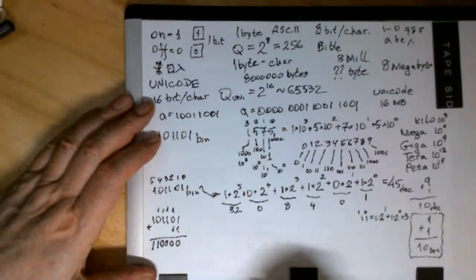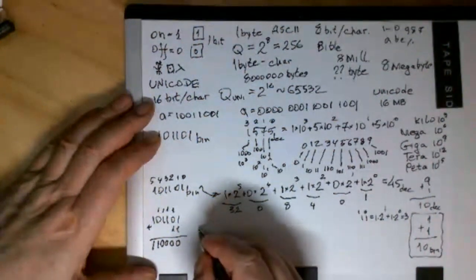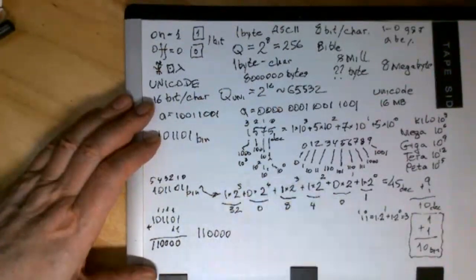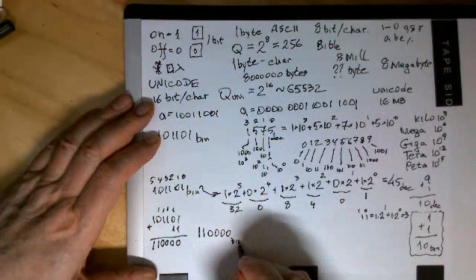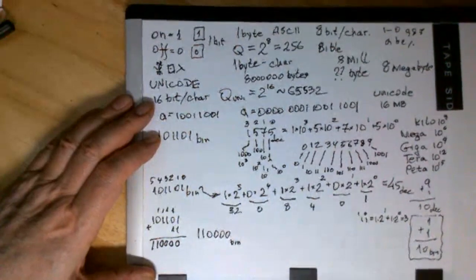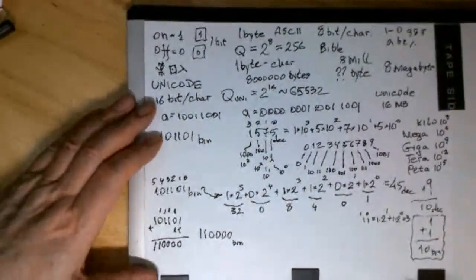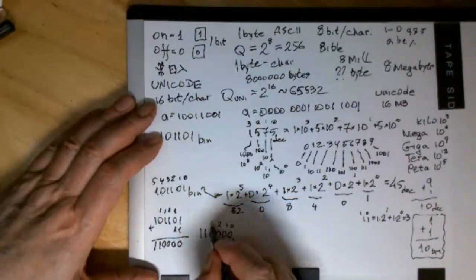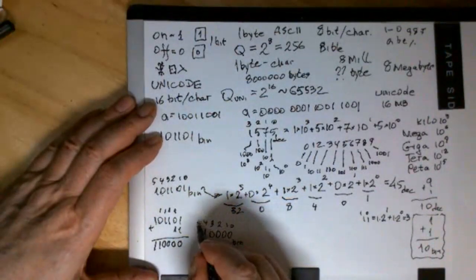And I would like to convert this one to decimal. 110000 binary. How much will it be? Positions 0, 1, 2, 3, 4, 5.